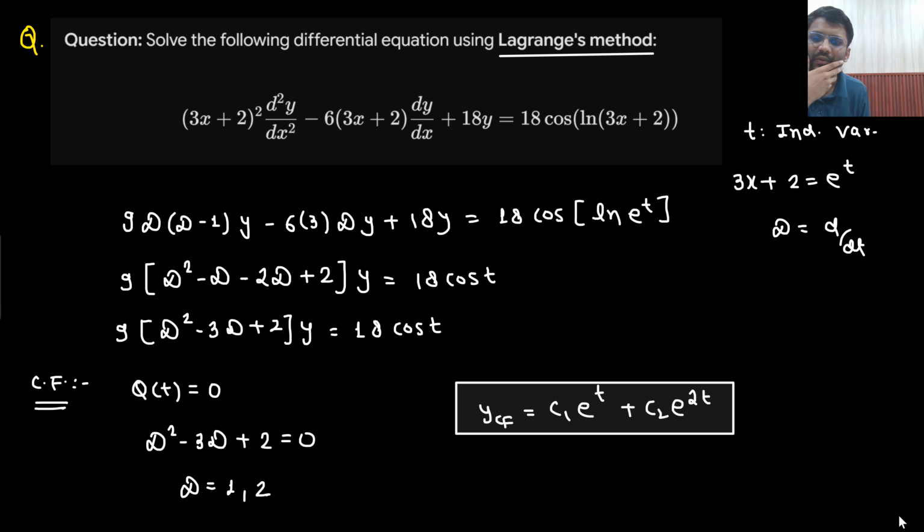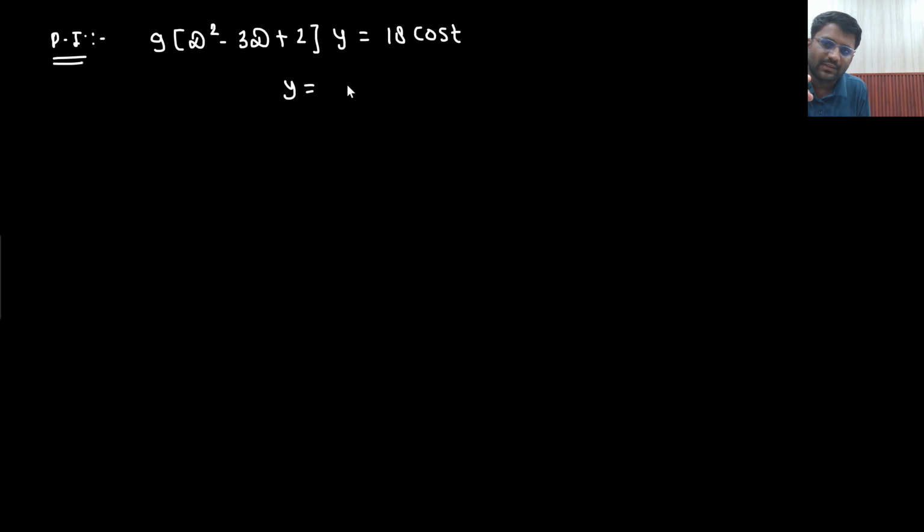Now, what will be your PI? PI you will be getting is 9 into d square minus 3d plus 2 y equals 18 cos t. So y, then simply we need to divide it.